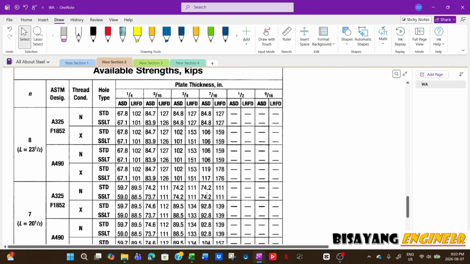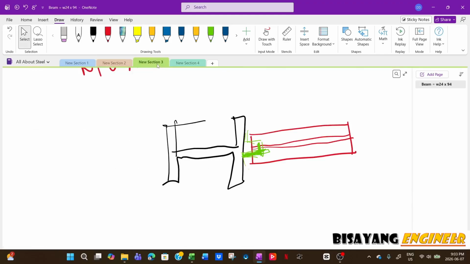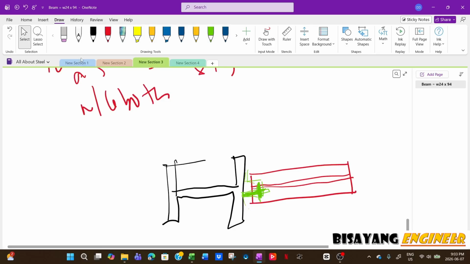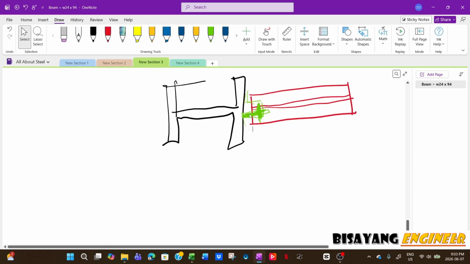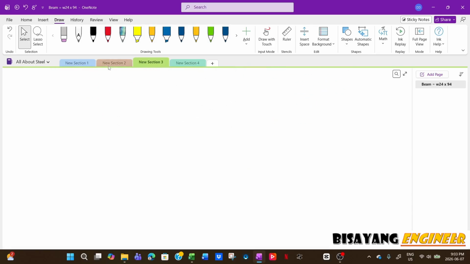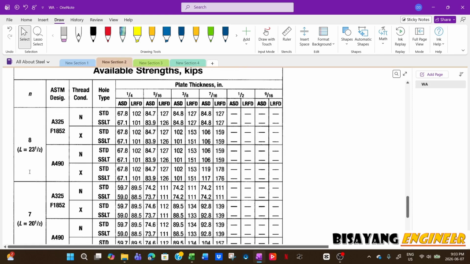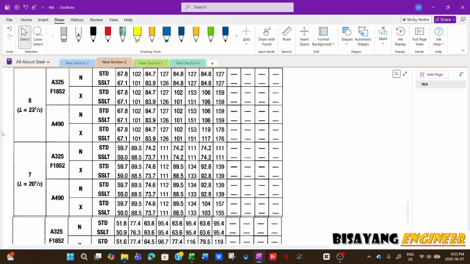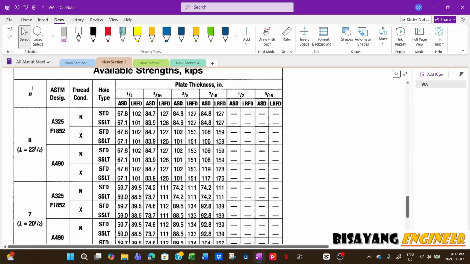In this scenario, for the bolt calculation, you will follow the same procedure as for the bolted angle. All you have to do is check this one here. L, for example, is also the number of bolts.